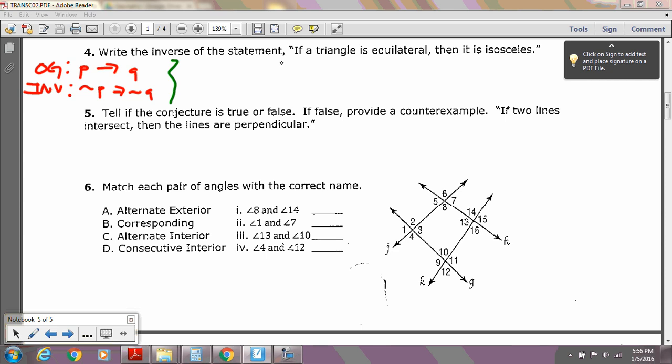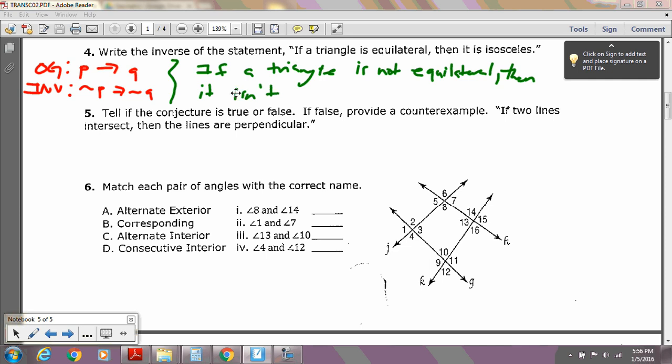So using the original statement, we're going to say if a triangle isn't, or is not, equilateral, then it isn't isosceles.